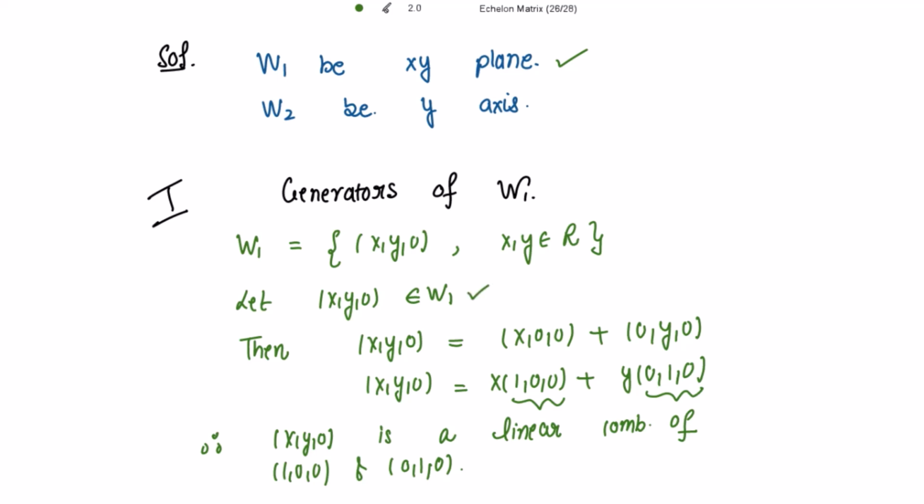We can take any element from W1, and that element can be written as a linear combination of these two vectors. That means every element of the W1 subspace is a linear combination of these two vectors. And when every element of W1 is a linear combination of these vectors, we say that these two vectors generate W1. These are the generators for the subspace W1.